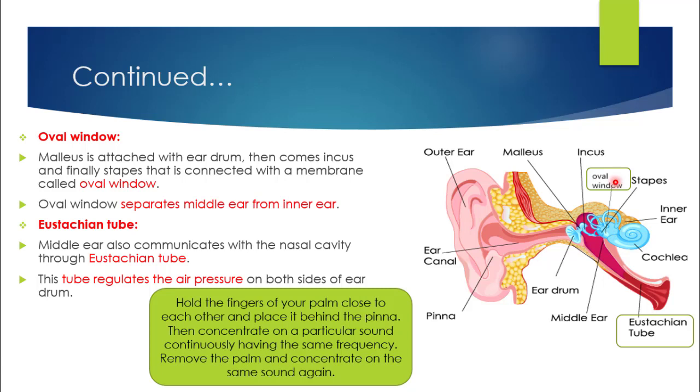Now what is the function of this oval window? The oval window separates the middle ear from the inner ear. Just like the eardrum separates the external ear from the middle ear, in the same way the oval window separates the middle ear from the inner ear.